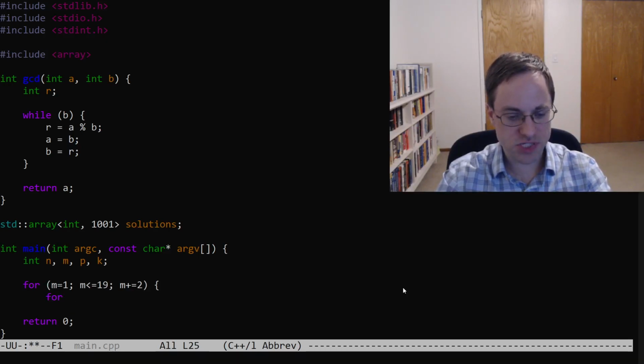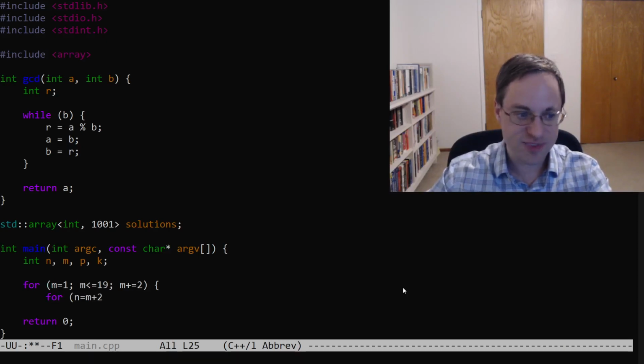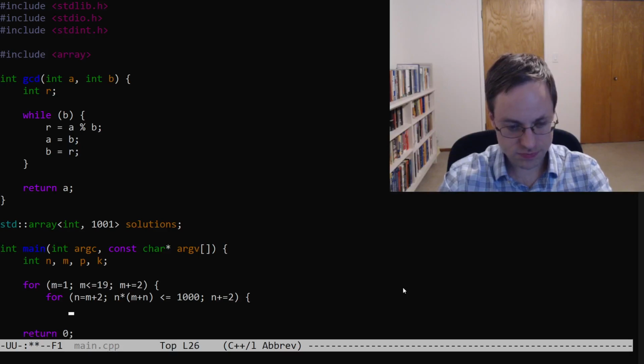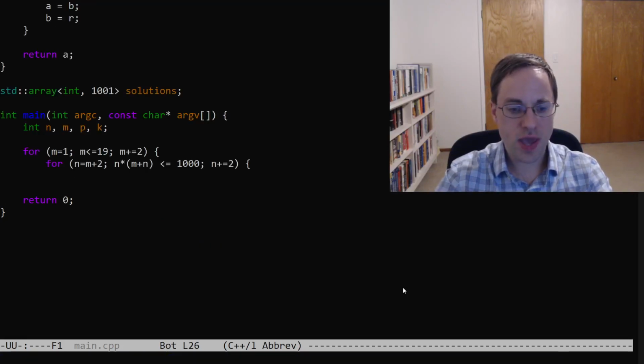Okay. Then we'll say for n is equal to m plus 2. Again, not plus 1. You don't want any even integers sneaking in here. Then we'll do n times m plus n is less than or equal to 1,000, and n plus equals 2. Okay, so now we'll say if the greatest common divisor of n and m is not equal to 1, that is, if it's greater than 1, then we're going to skip.